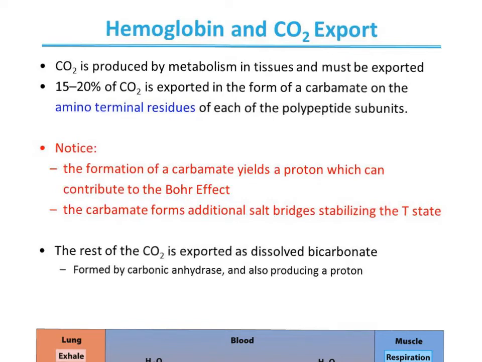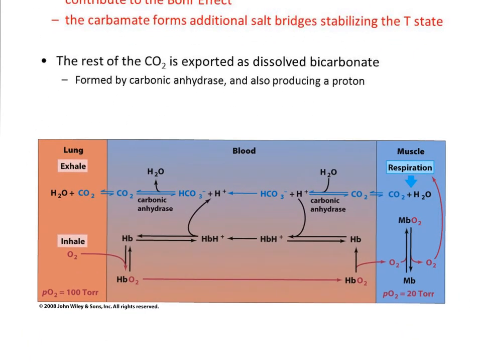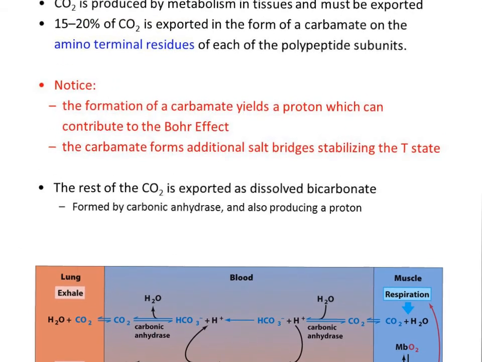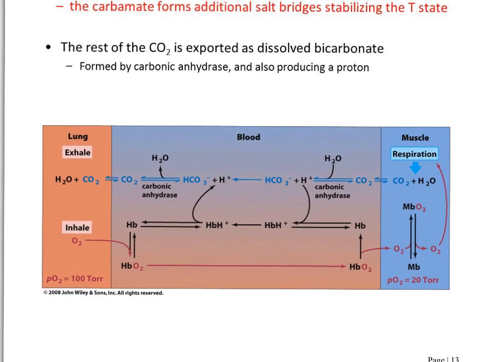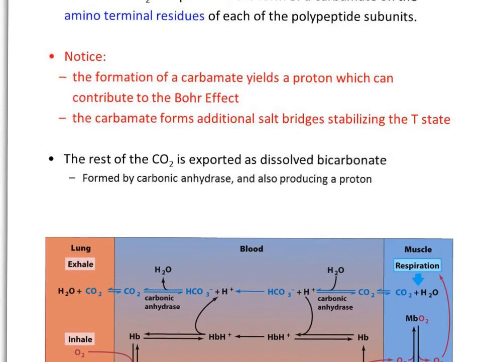There's also a good deal of CO2 that gets exported as dissolved bicarbonate. That is a process catalyzed by an enzyme called carbonic anhydrase. Some of these things, the formation of the carbamates and the CO2 as it gets dissolved and converted to bicarbonate, release protons.